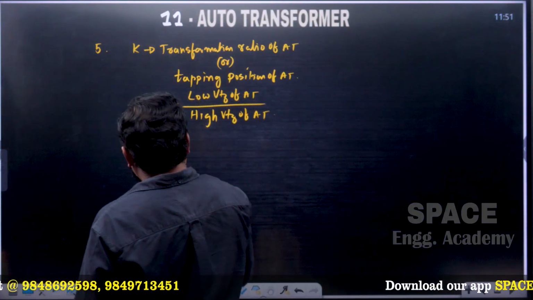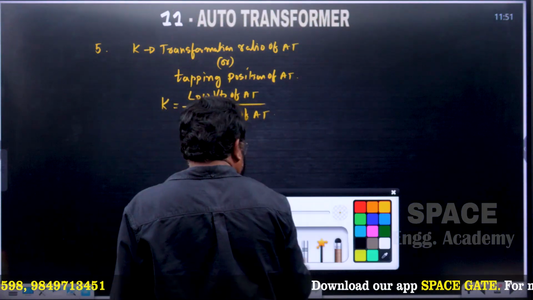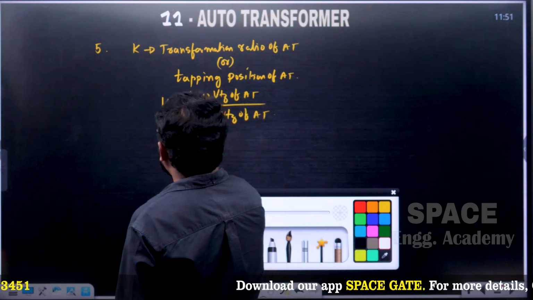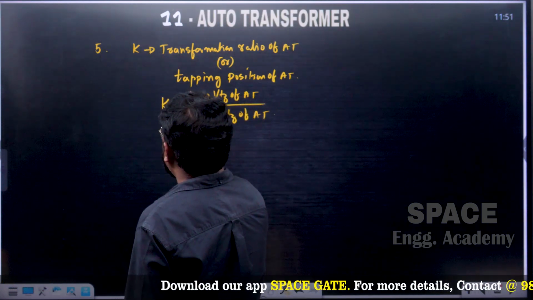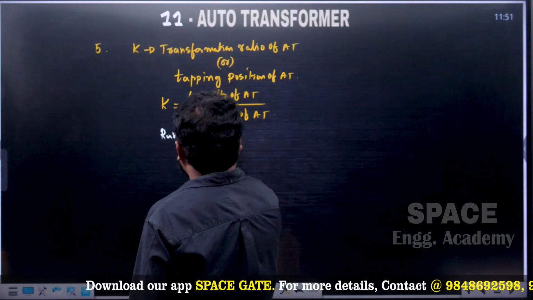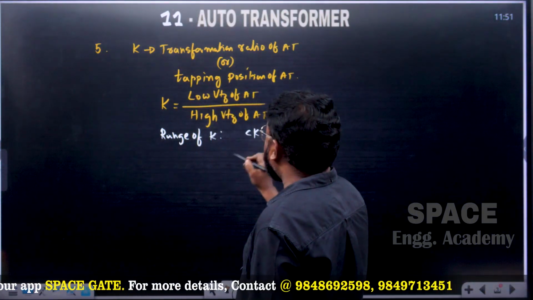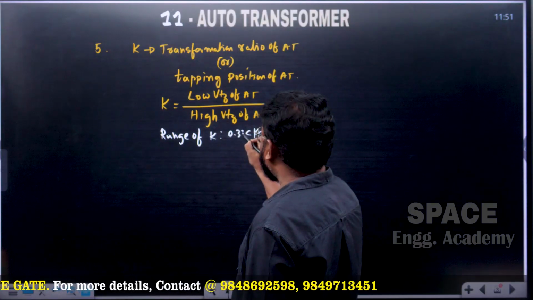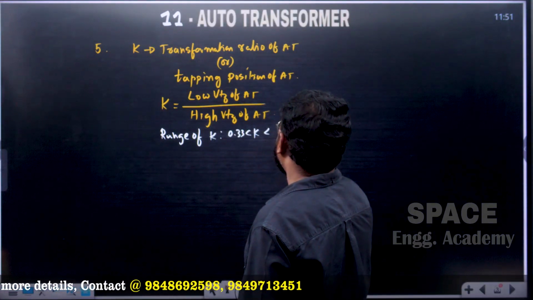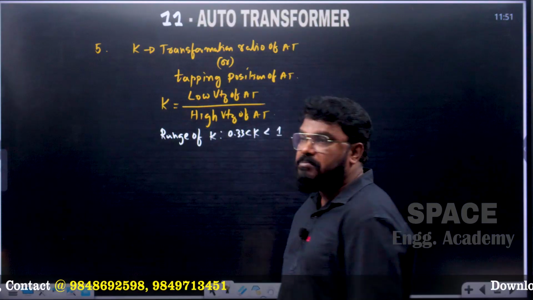This is the value of K. And sometimes we have a question here on the range of K. So how do we get the range of K in auto transformers? K is greater than 0.33 and less than 1. So this is the range of K.